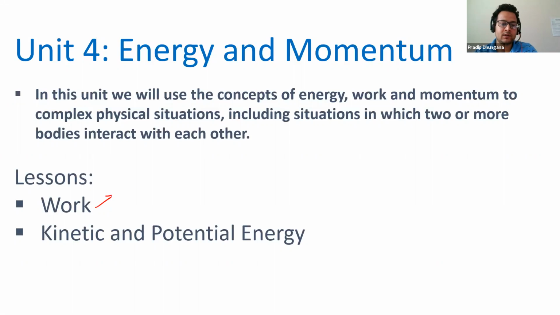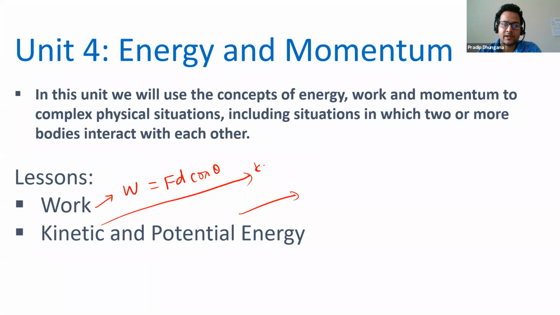First is work, and the formula to calculate work is force times displacement times cosine of the angle between force and displacement. After that, we went through potential and kinetic energy. Kinetic energy is 1/2 times mass times velocity squared, and gravitational potential energy is mass times acceleration of gravity times height.